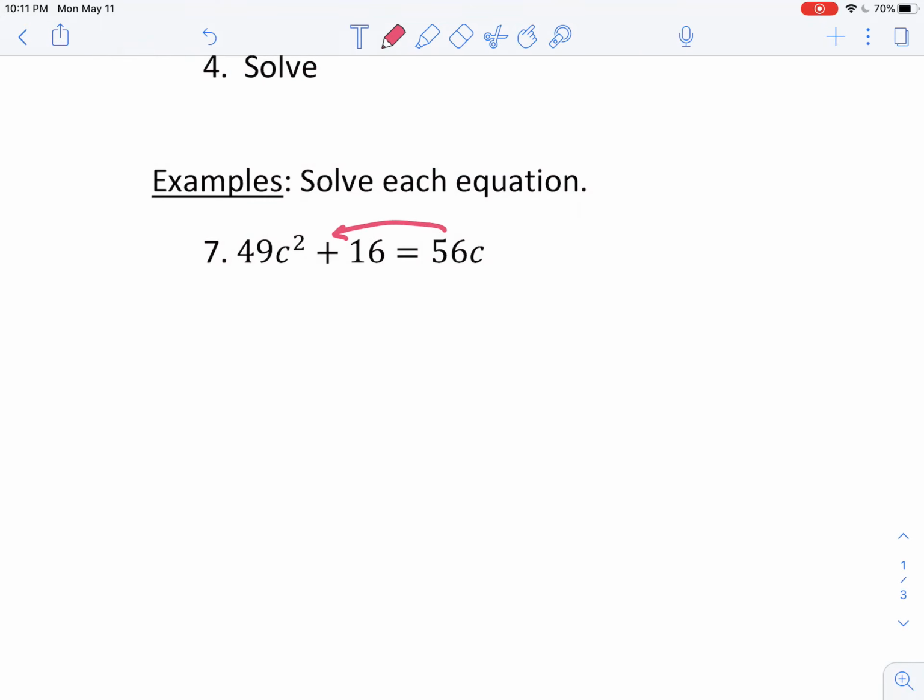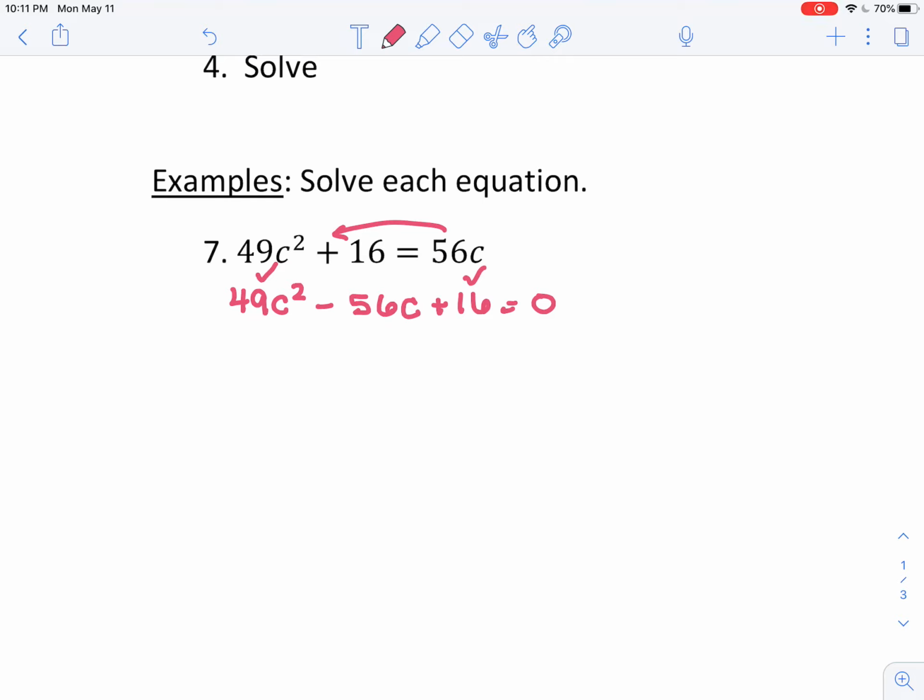When you take a look at question number 7, we're going to start by moving all of our terms over to the left. So I'm going to subtract 56c from both sides. When I do that, I'm going to make the minus 56c the second term so that I have descending order.